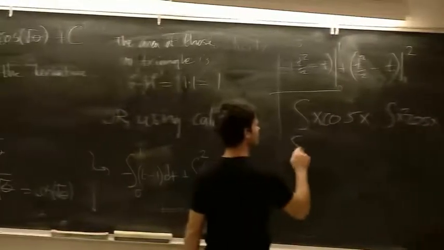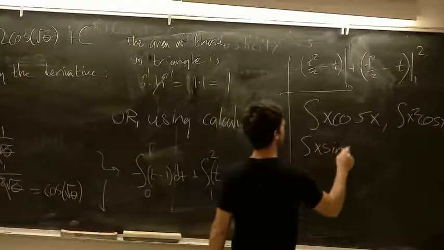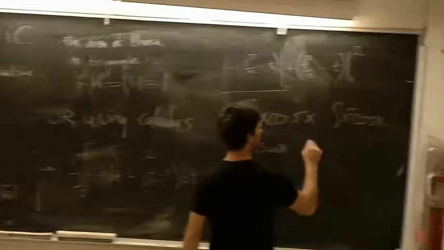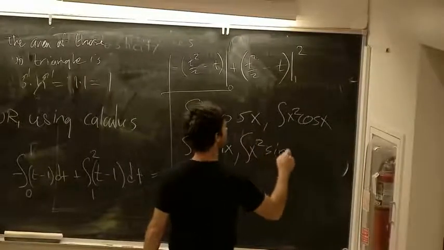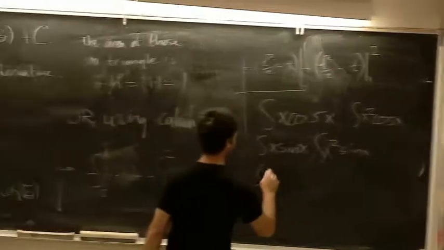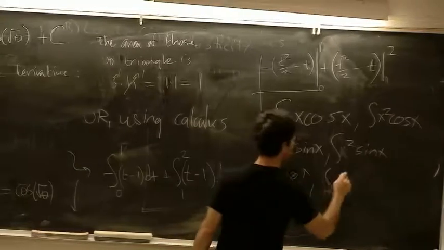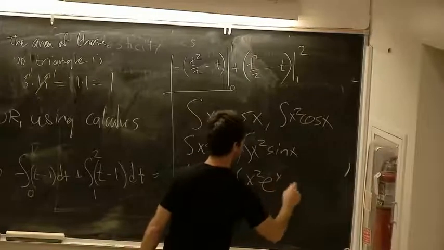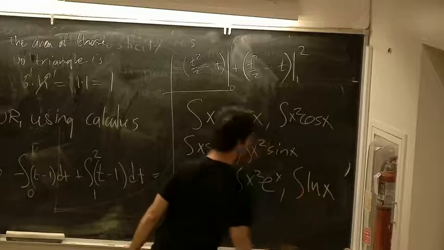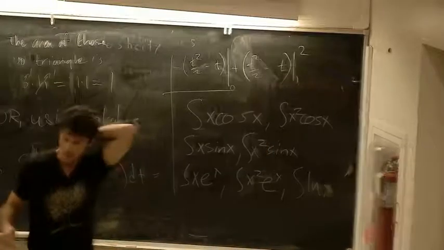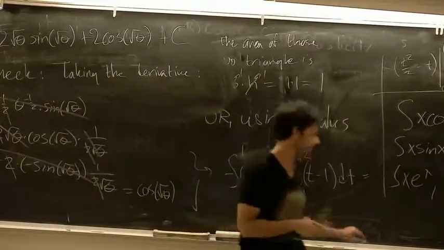How about x sine x? Or x squared sine x? Or x e to the x? Or x squared e to the x? Or ln x, for example. All things you should be able to integrate if you had to.